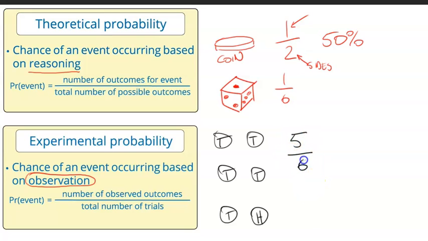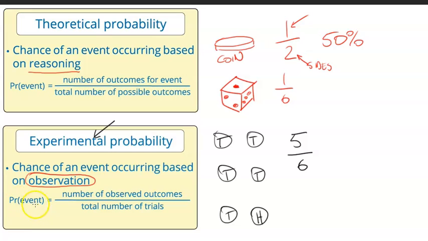This will be a 5 in 6 chance because you're relying on the experiment to dictate what your probability is going to be. Theoretically, it would just be a 1 in 2 chance, like we said before. But based on this experiment, this trial, you observe that there are 5 tails. So you say, well, no, hang on, based on the experiment, I think there's a 5 in 6 chance I'll get a tail, which is a higher probability than just 1 over 2.